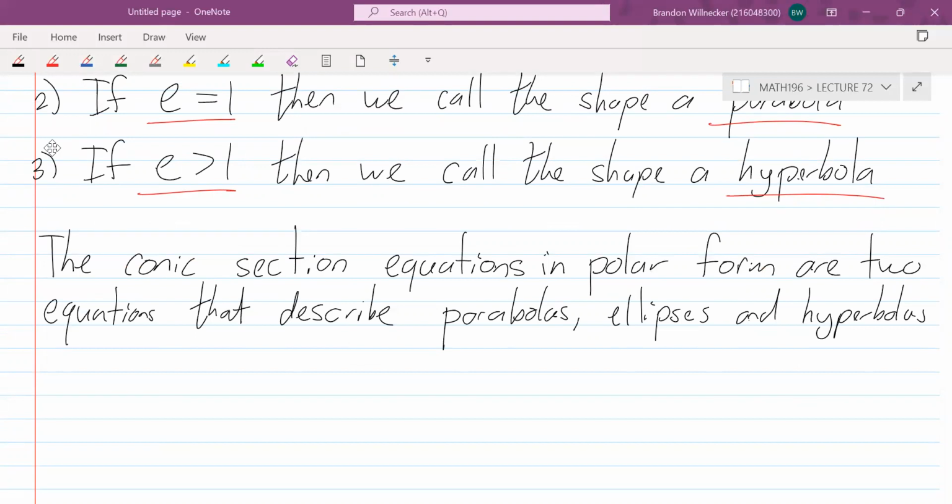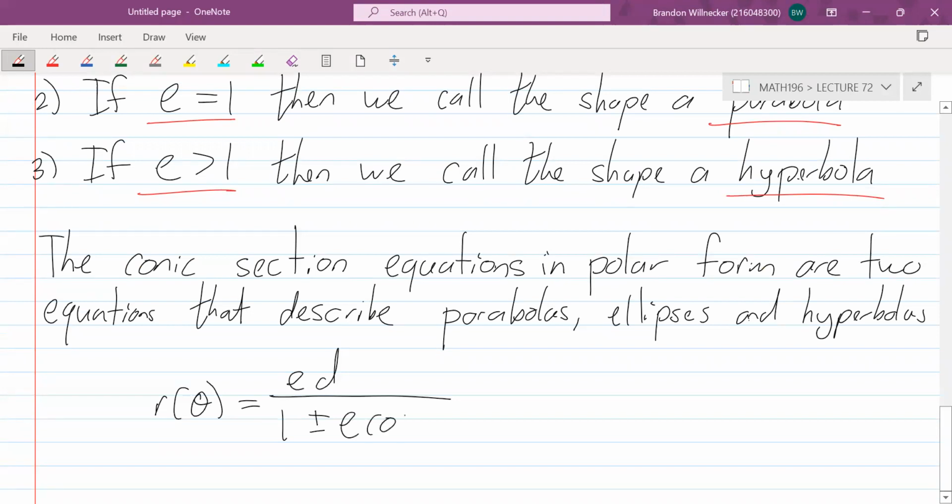Okay, so the first one, r of theta is equal to e times d over 1 plus or minus e cos theta. Okay, so we'll see what this value of d is, and this plus or minus just depends on where the directrix line is.